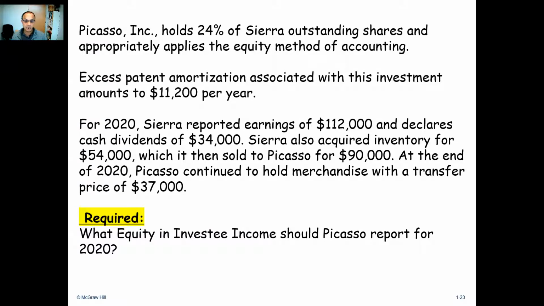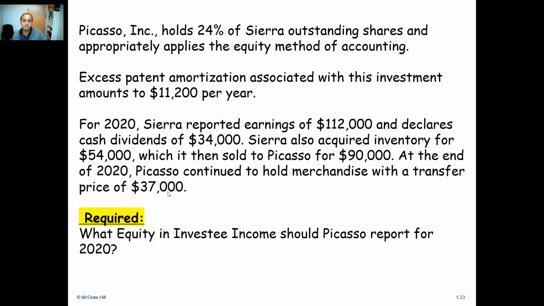In 2020, Sierra reported earnings of 112 and declared cash dividends of 34, but, and here is a big but, in this example, Sierra, which is a subsidiary company, acquired inventory for 54, which is then sold to Picasso. So it's an upstream, upward stream, which means here Sierra, the subsidiary, is making sales to Picasso, the parent company.